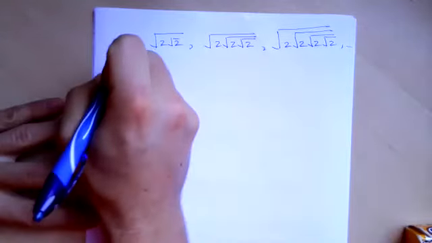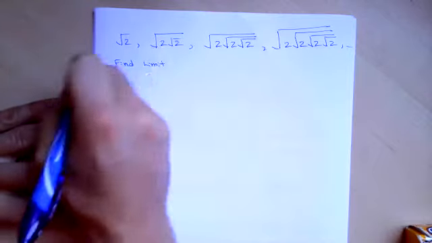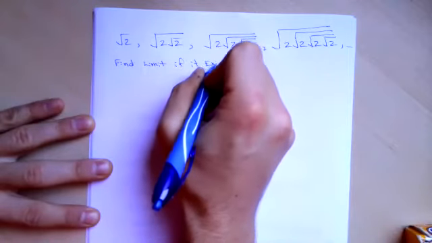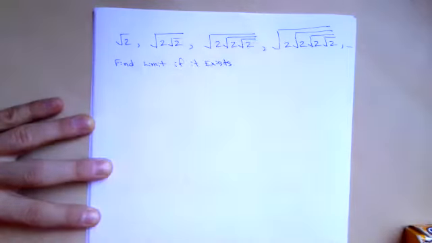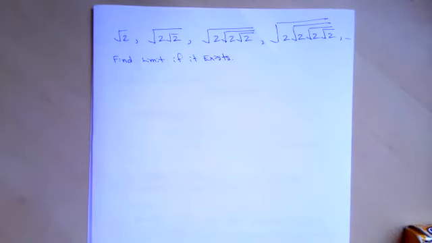So we want to find the limit, if it exists. This one's weird, right? How are we going to model this with a function? It's going to be really hard to do, and finding a general form expression for this is going to be hard.